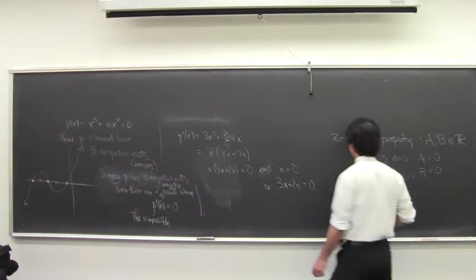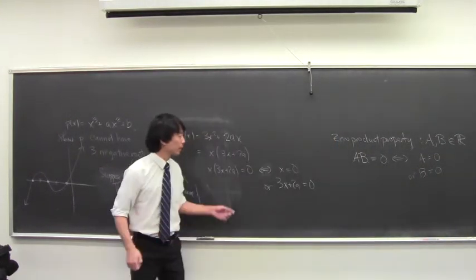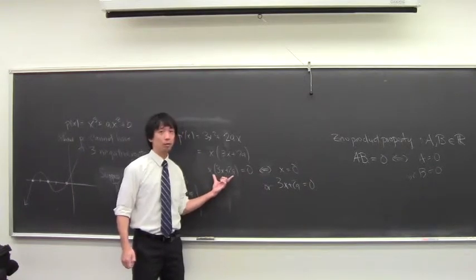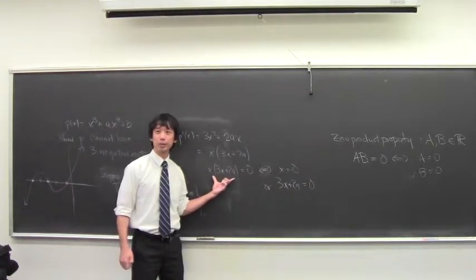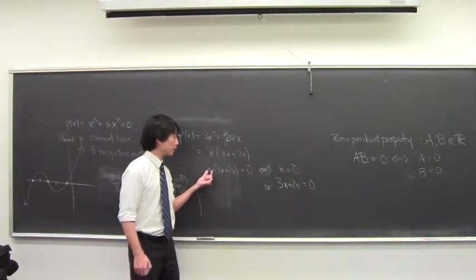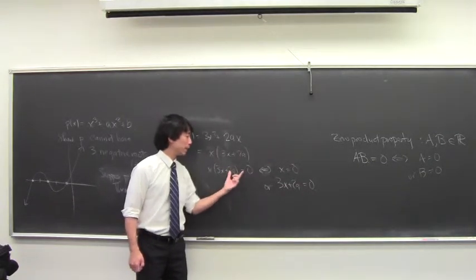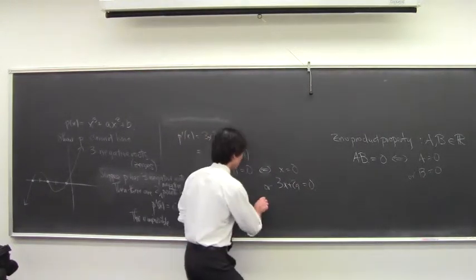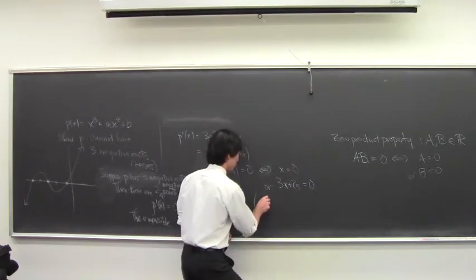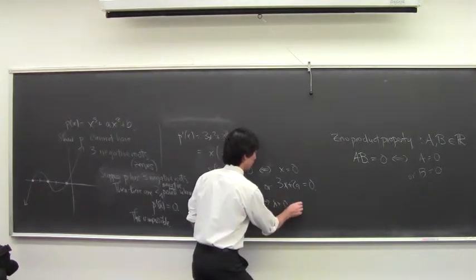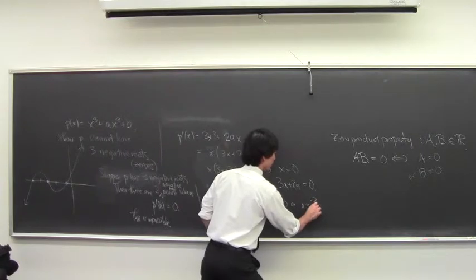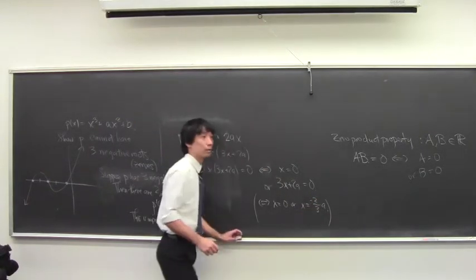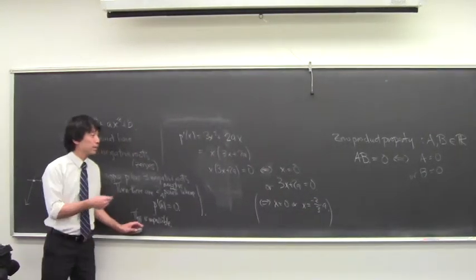So if somebody says, when does this thing equal 0? You say, well, I just need to check the parts. When is this equal to 0? Well, x is 0. When is this thing equal to 0? Well, x is going to be negative 2a over 3, right? So x is 0 or x is equal to negative 2a over 3.